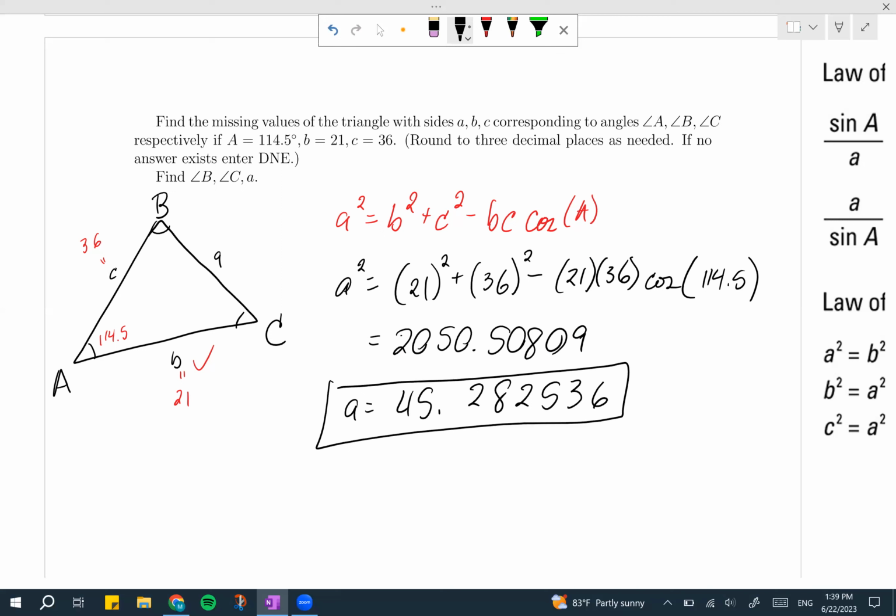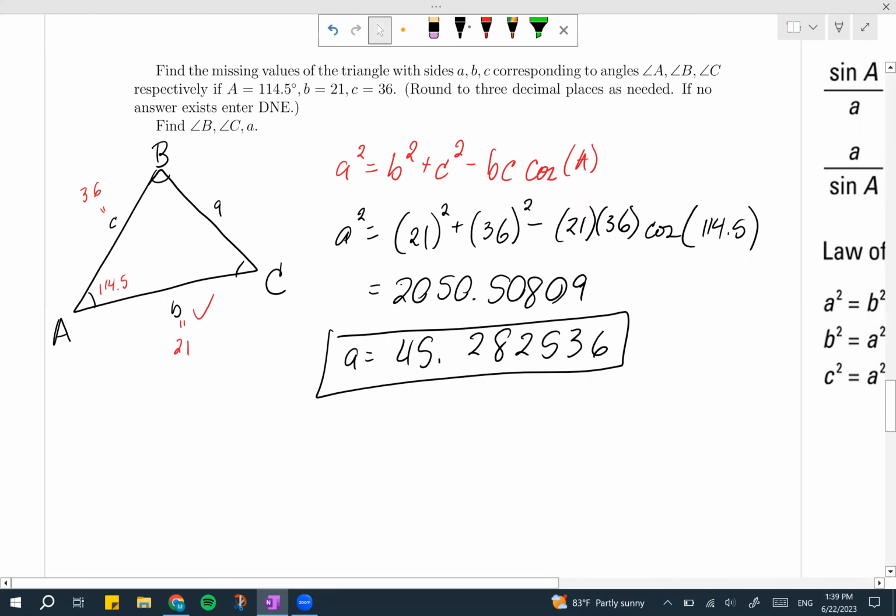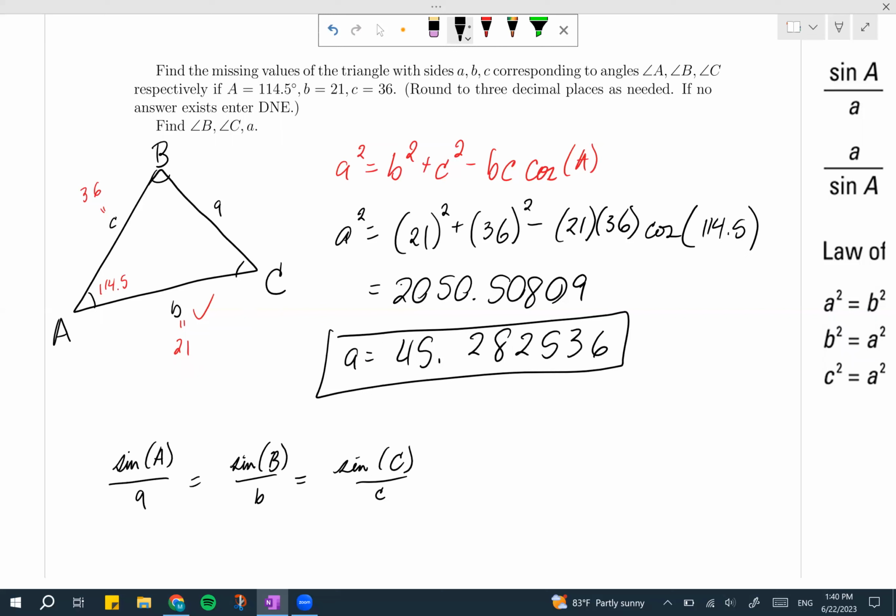Alrighty. Now that I know little a and I know big A, I can start using law of sines. So sine of big A over little a is equal to sine of big B over little b is equal to sine of big C over little c.